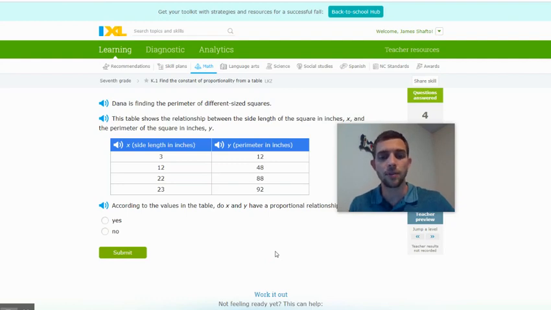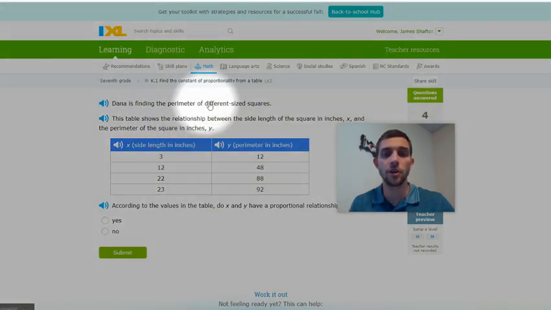In the next level, you need to decide if the relationship is proportional. Donna is finding the perimeter of different sized squares. The table shows the relationship between the side of the squares and the perimeter.